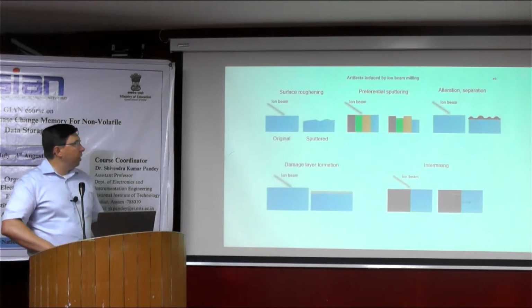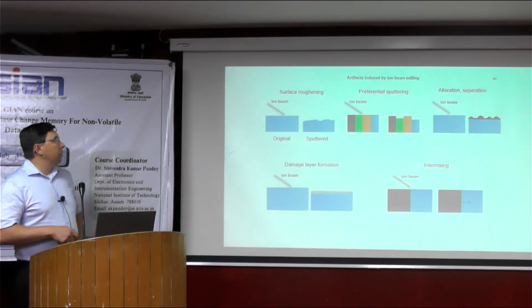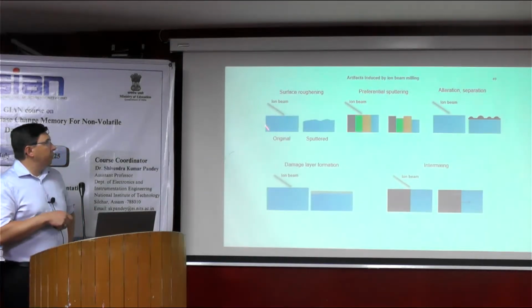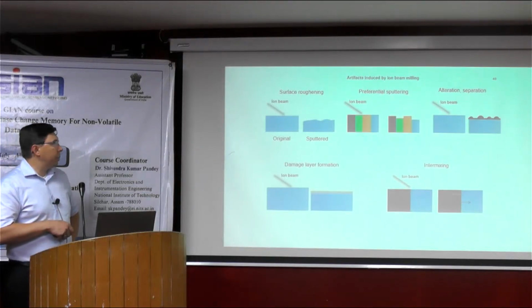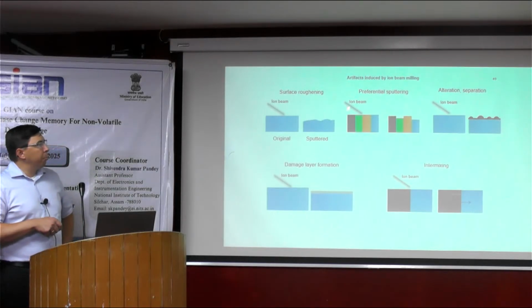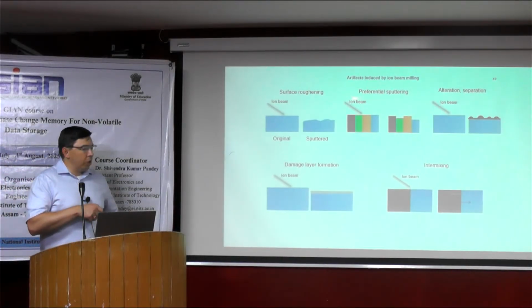So more on the artifacts which can be induced by ion beam milling. First we know about the surface roughening. So before ion beam, if your surface is flat, you induce some roughness to the surface after the sputtering. Then if you have a multi-phase system, then you might have preferential sputtering.